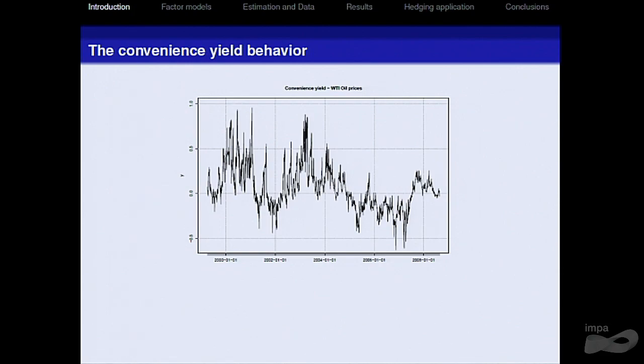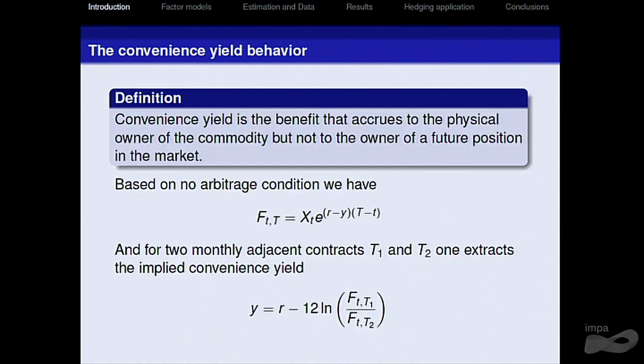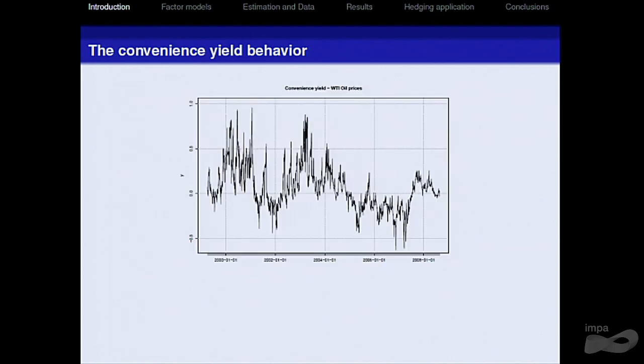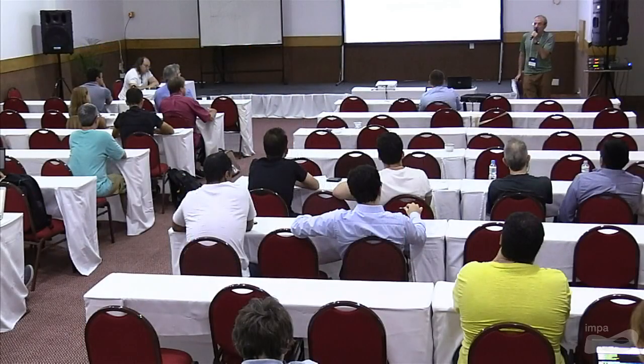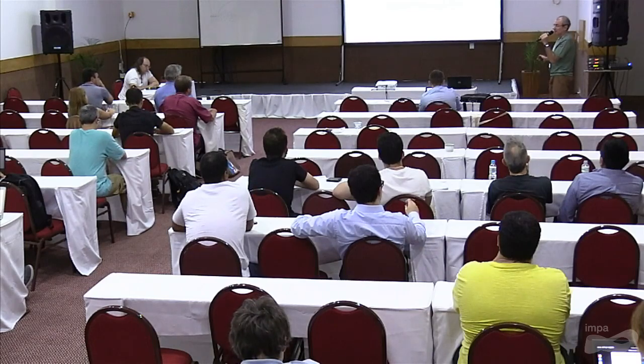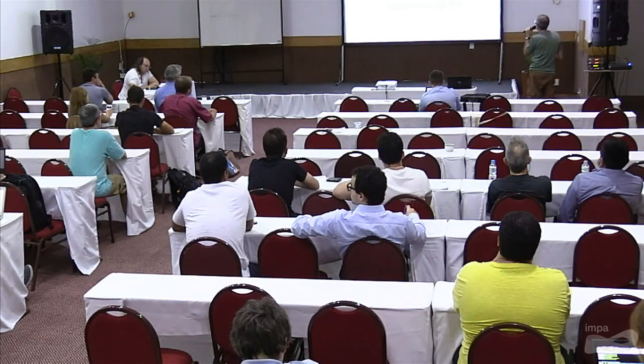If we plot this convenience yield based on these two futures contracts, we can see a noisy behavior of the convenience yield. So models which are based just on a constant convenience yield are far from the real behavior of the convenience yield, which is much more stochastic than a constant.